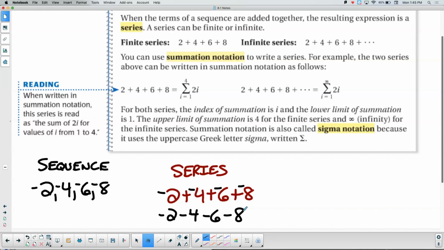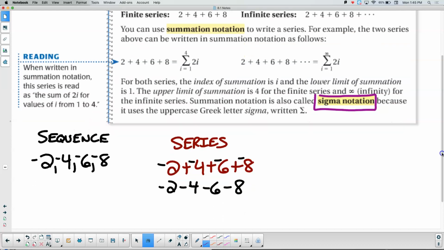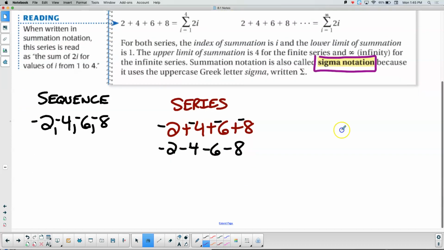Sigma notation is the other big concept when it comes to series. Okay? So let's break down sigma notation again. Sigma is that wonderful looking Greek letter. Okay?